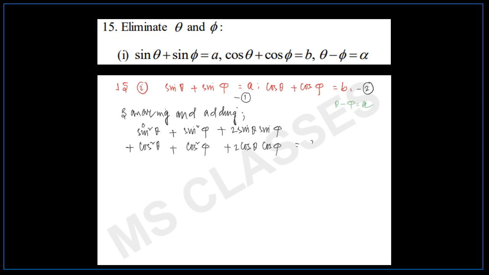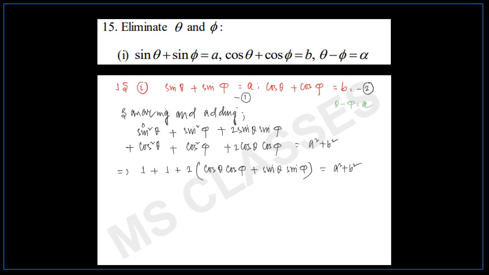A square plus B square. Now this gives us 1, this will give us 1, this will give us 1. Plus 1 plus 2 into cos theta cos phi plus sin theta sin phi equal to A square plus B square.